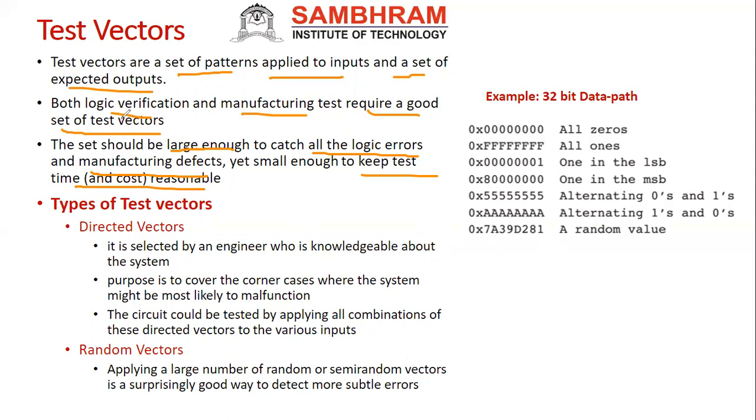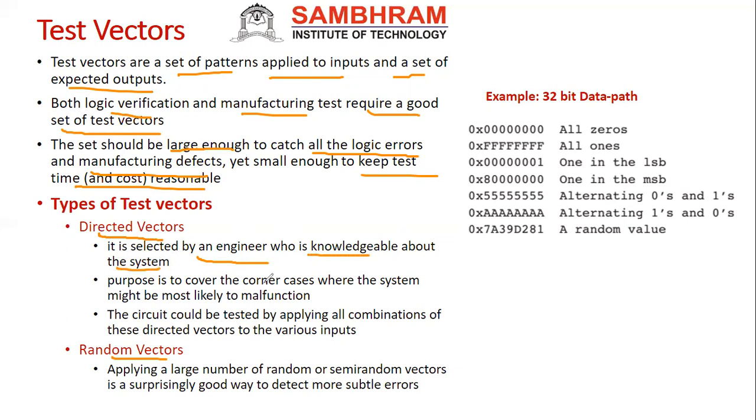What are the different types of test vectors? One is the directed vector, the other is the random vector. Directed vector means we apply the input values directly, selected by an engineer, normally the verification engineer, who is knowledgeable about the system.